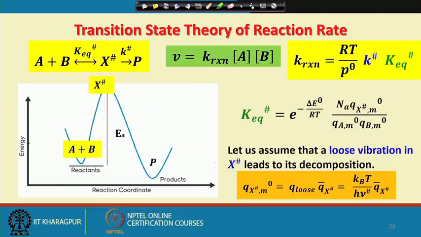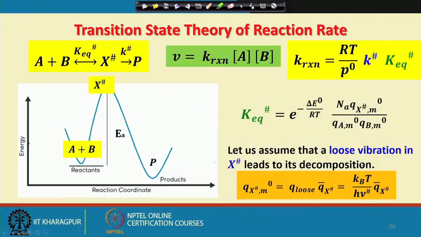Now, a loose vibration means a very small value of the intrinsic angular frequency of vibration, and under such a condition it can be very easily shown that Q loose is given by this expression, kBT by h nu dagger. Therefore, under such an assumption, I am able to find the standard molar partition function for the activated complex in terms of a loose vibrational mode.